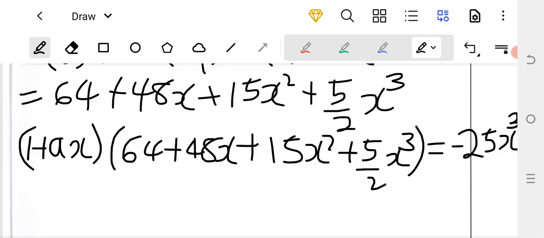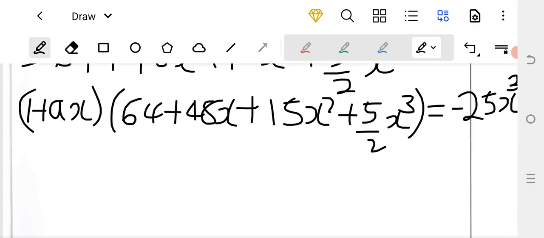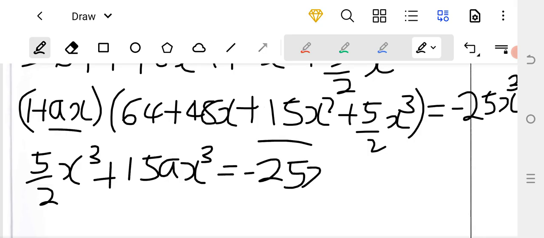I'll write negative 25 together with its coefficient. Then if we scroll up, this one will be multiplied by anything having x to the power 3, so 1 multiplied by 5 over 2x to the power 3. It's going to give us 5 over 2x to the power 3, and then this is going to be multiplied by anything having x squared. In this case it's a 15, so plus 15ax cubed is equal to negative 25x cubed.